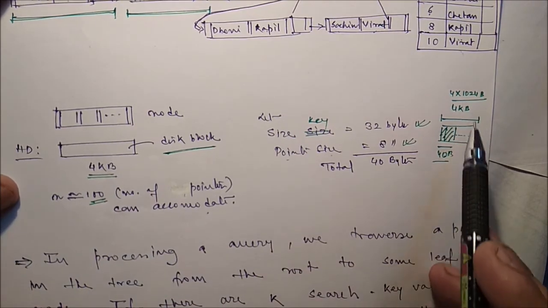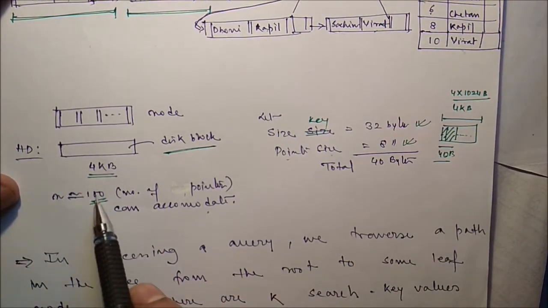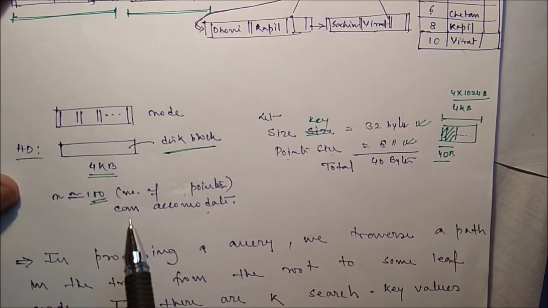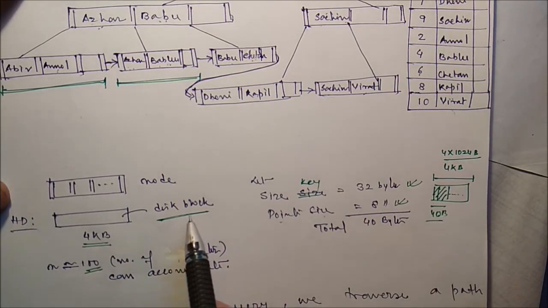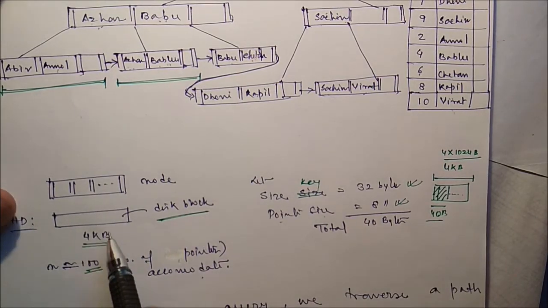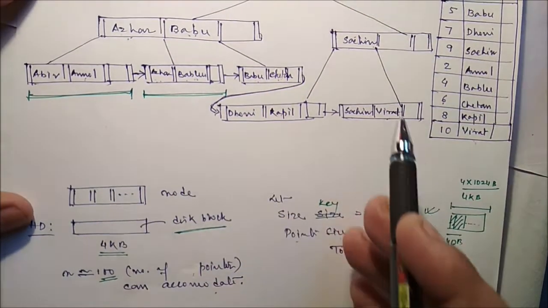If you divide this by 40, we get near about 100. So in practice, if the disk block is 4 KB, each and every node must accommodate 99 keys.